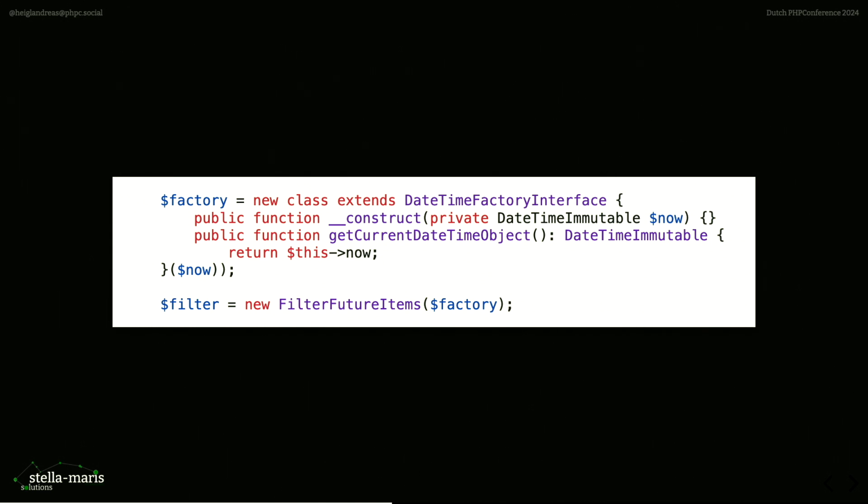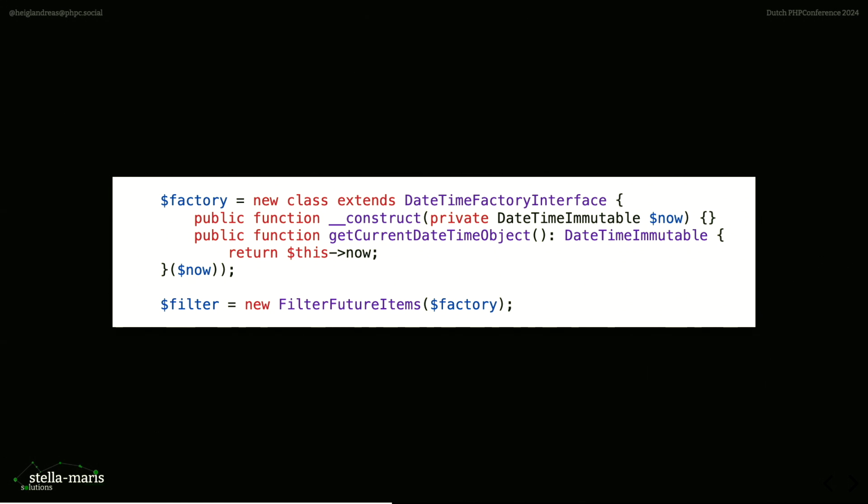So we don't need to write any new code for the test. We just pretend that we are having something. But the cool thing is, in this case, I can return as the current date whatever I want.